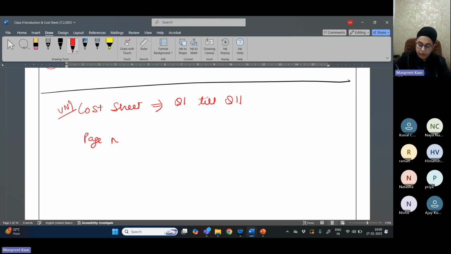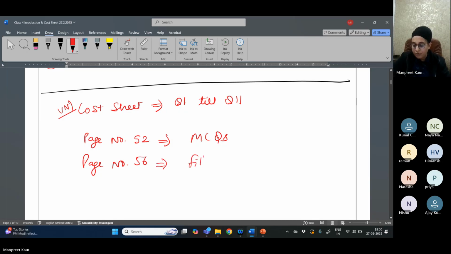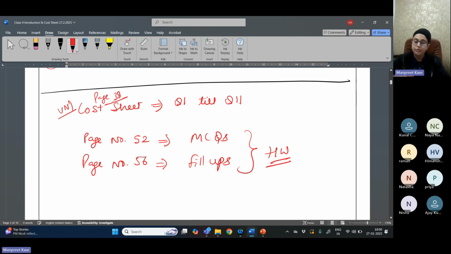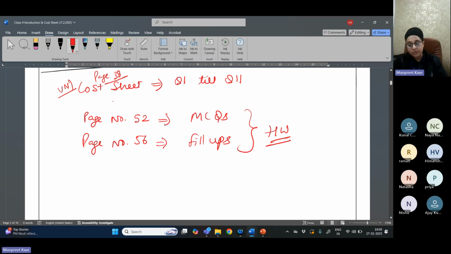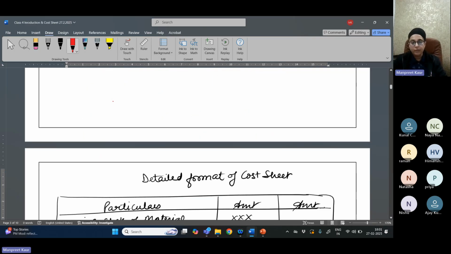Page number 52 of your module has MCQ type questions, and page number 56 has fill-ups. These are in your homework. Do it thoroughly. In case of any doubt, you will ask. Questions on page number 38 are of cost sheet. Whatever questions remain will be in your homework.